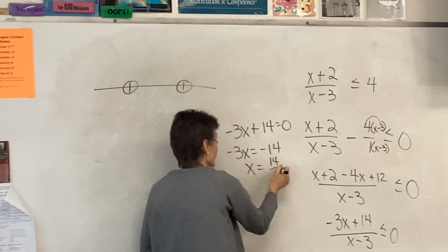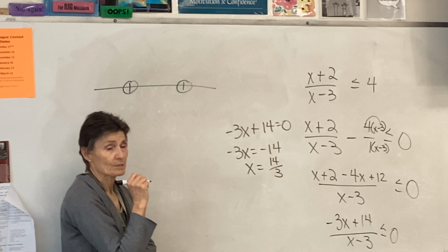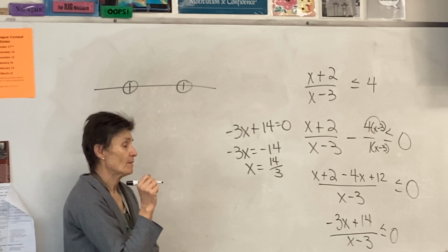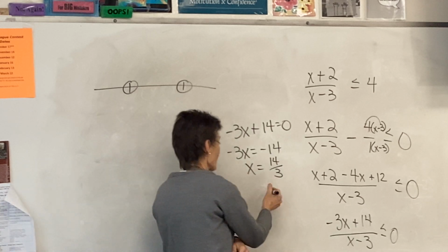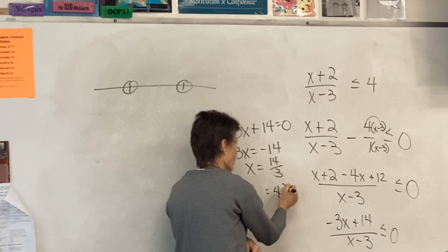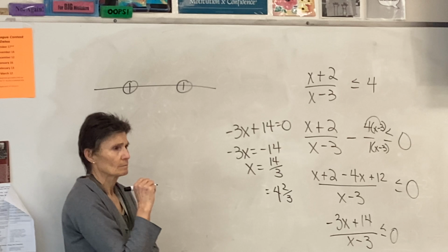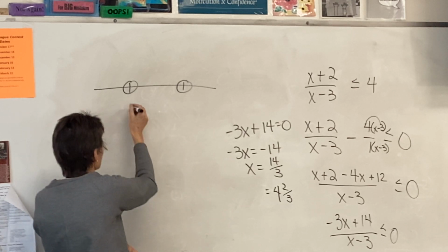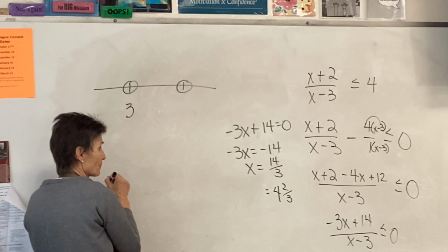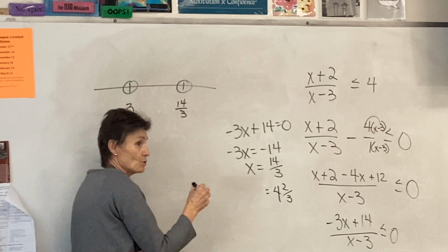So where's my dot going to go? At 14 thirds. Which, if that confuses you, write it as a mixed number. That would be 4 2/3. So on my number line, I have a dot at 3 and a dot at 14/3 or 4 2/3.